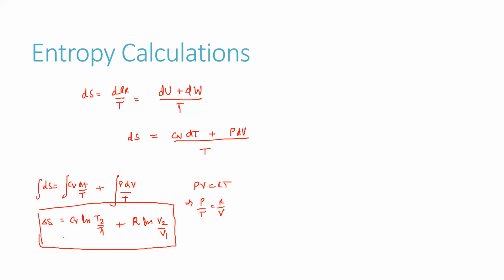Okay. Then we also know that Cp minus Cv is equal to R, hence we can write Cv is equal to Cp minus R. So in the previous equation, in place of Cv, we can write Cp minus R ln T2 by T1 plus R ln V2 by V1.